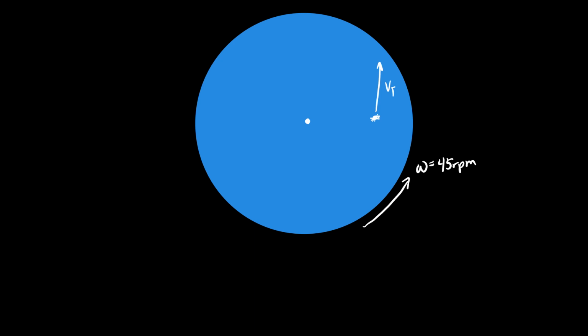It says if the coefficient is 0.4, where can the bug safely stand and not get flung off the record? So we know we're going to move the bug around the record a little bit. Every single place where the bug is will have a different linear velocity because the circle they're traveling in is different. So he'll be traveling slower on radii that are closer to the center and faster on radii that are farther away from the center.